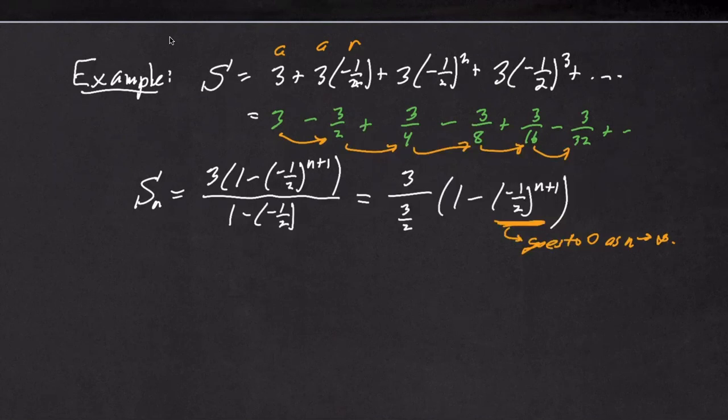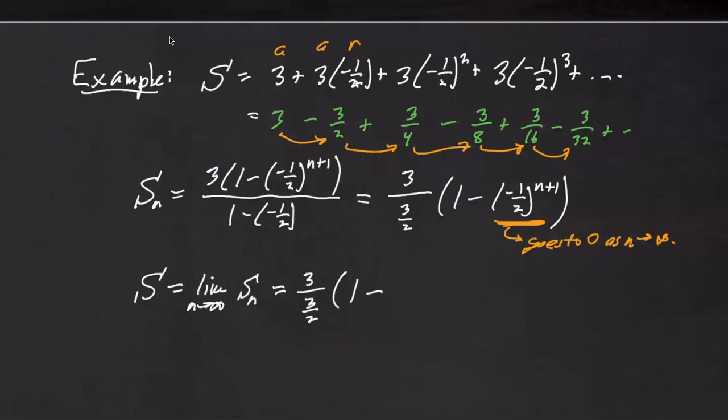And so S, this whole infinite sum, will be the limit as n goes to infinity of S sub n. And if you think about what you did there, you get 3 over 3 halves, which is actually 2, times 1 minus, and then this term goes to 0, right? And so you just get 2. And that's the actual answer.